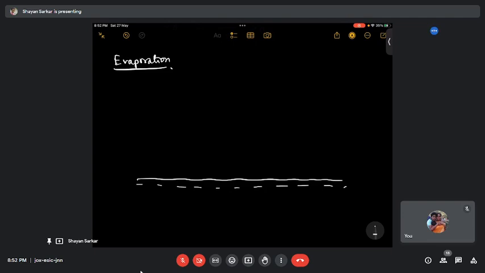Okay, these water particles, some of them are moving in a very irregular way. They are jiggling, they are bouncing. Okay, they are moving somehow.